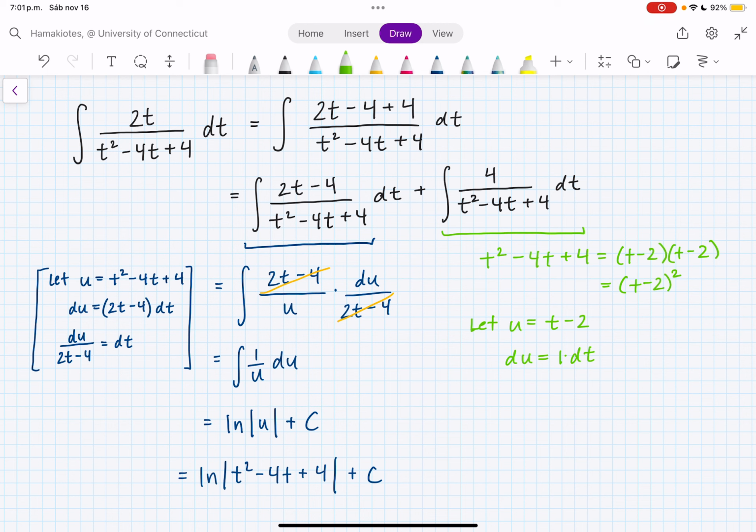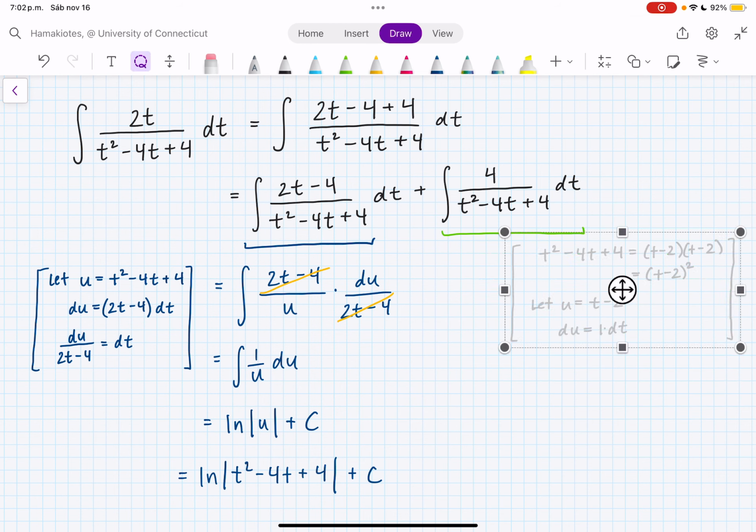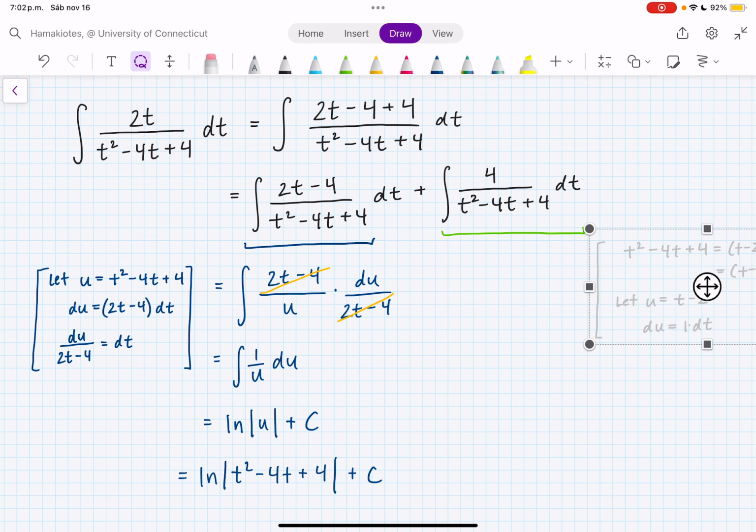Okay, so now let's try to use this and see if we can evaluate this integral. This tells us that we have 4 over u squared times dt, which equals du.